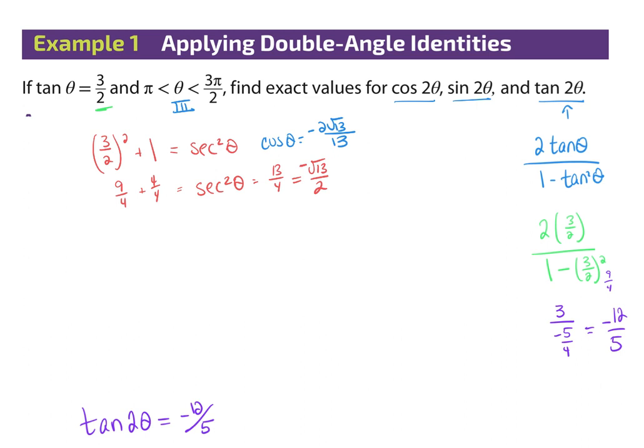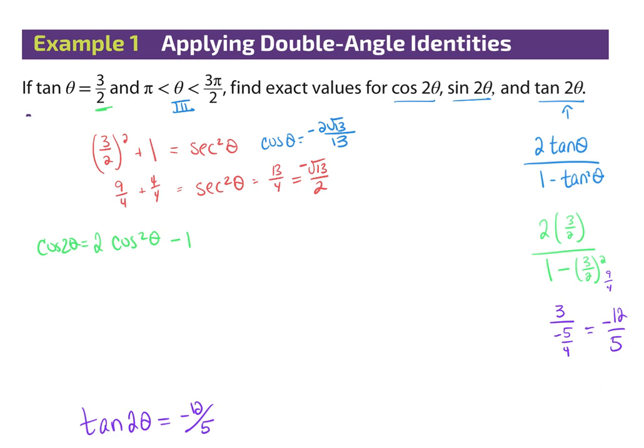Also, remember with your cosine of 2 theta, you actually don't need your sine to find it, right? One of your cosine of 2 theta is this guy right here. We have 2 cosine squared of theta minus 1. So if you're just trying to find the double angle for cosine and you have cosine, you don't need to solve for sine.